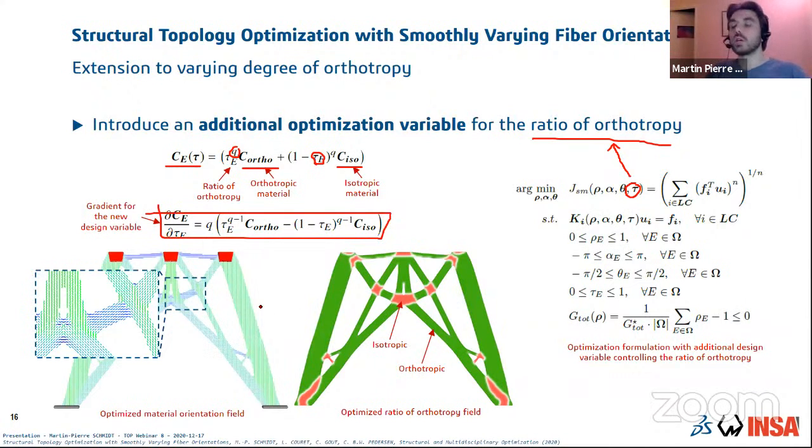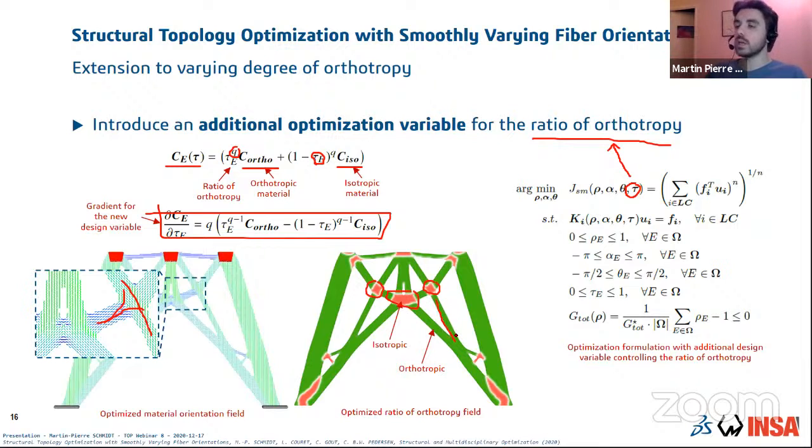And if we look at the design, we then have the density field that gives us the overall shape. We have the material orientation field that gives us the material orientations inside that shape. And we have the tau field, the ratio of orthotropy, that tells us that basically in those hubs, it's more efficient to use isotropic materials here to connect those long and slender beams.